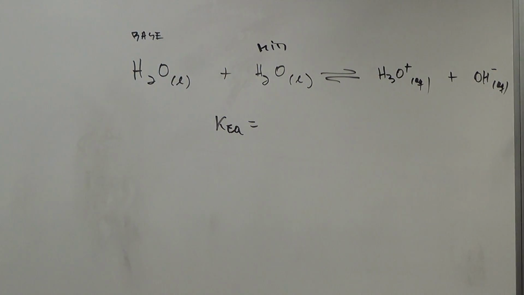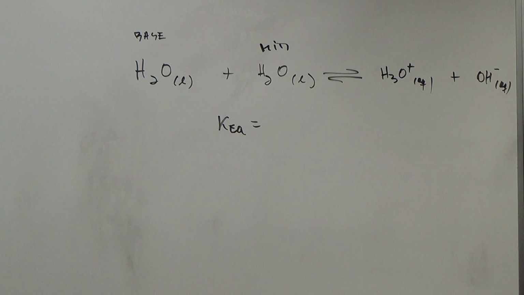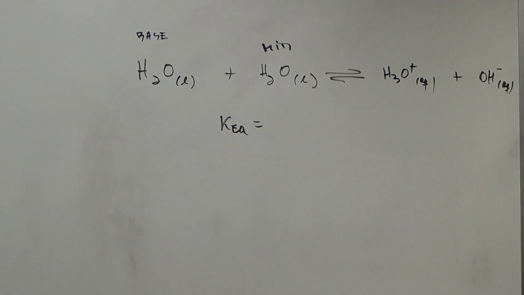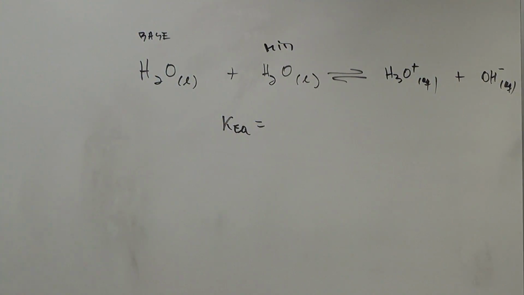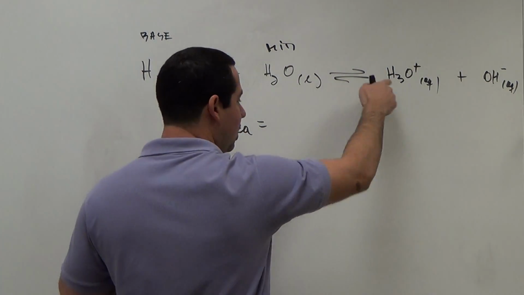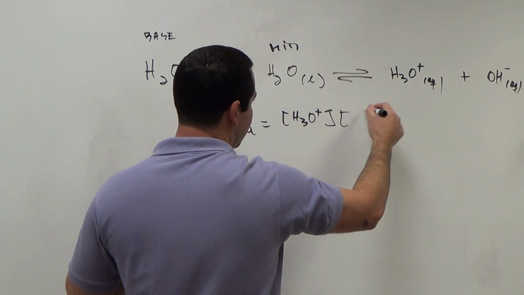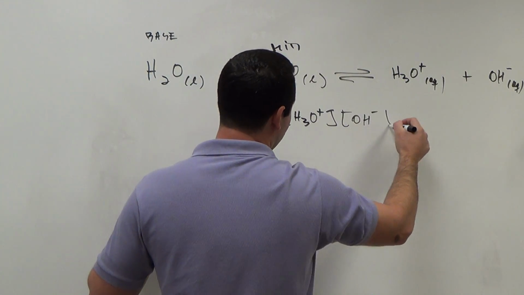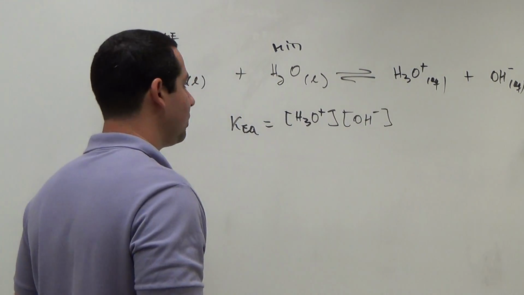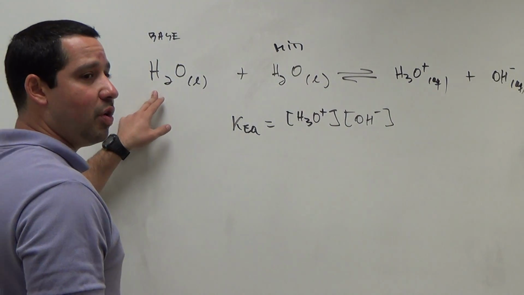What's the equilibrium constant for that? Products divided by reactants. This is aqueous, yes? So it's the concentration of H3O plus times the concentration of OH minus, divided by the concentration of H2O?